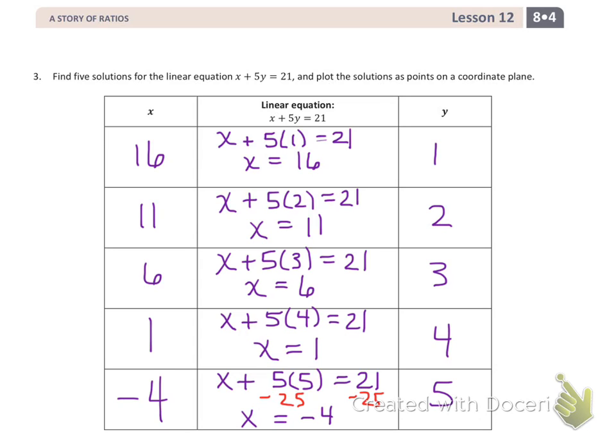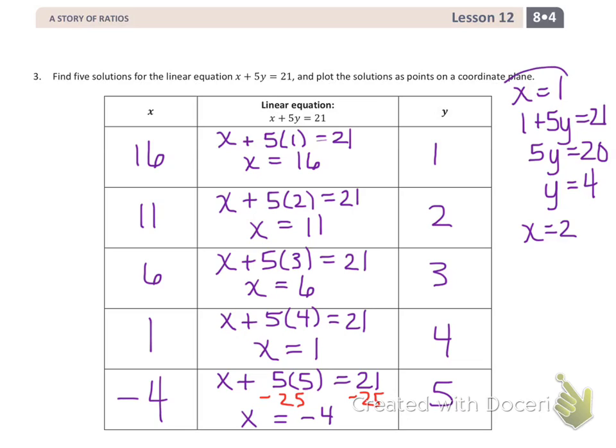Had we chosen something for x, let's say x equals 1, then we would have 1 plus 5y equals 21. That one's going to work out: 5y equals 20 and y equals 4. But let's do a different one.